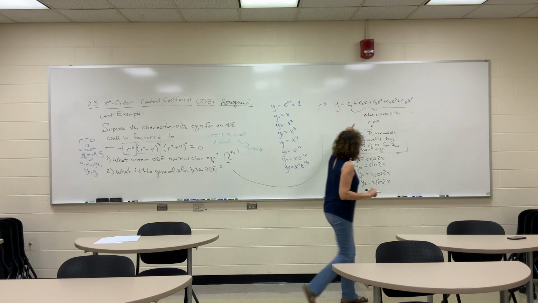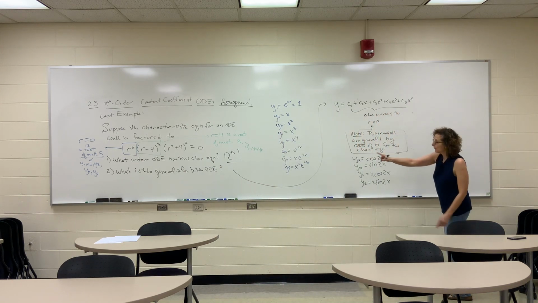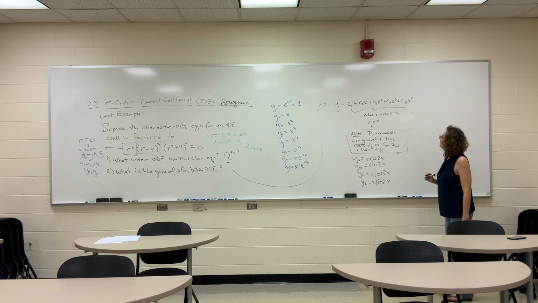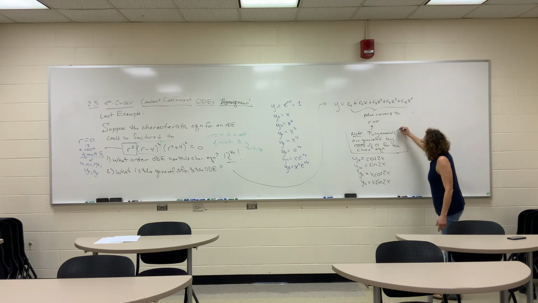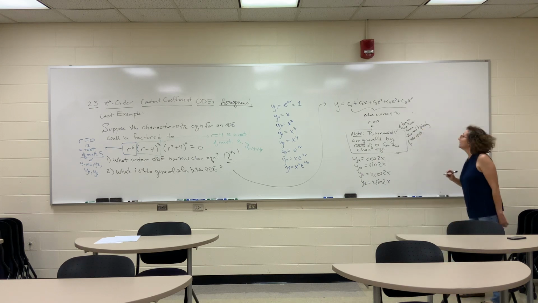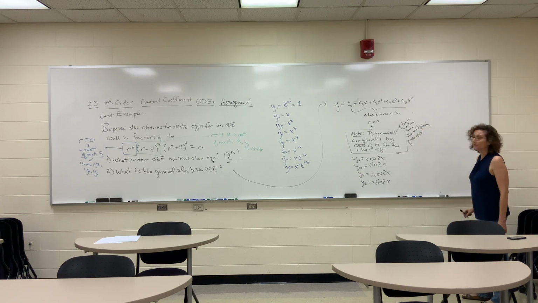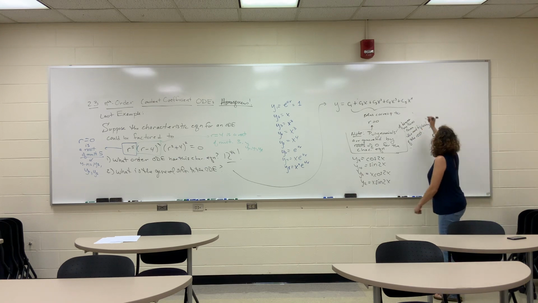And you see why, from how we generated those y1 through y5. So it's a polynomial of degree 1 less than the multiplicity of the root. Degree 1 less than the multiplicity of that root, which was 5, because we've got our constant term. All right, so that's part of our solution.